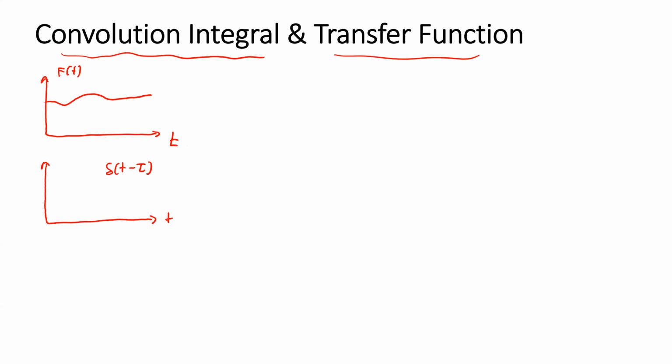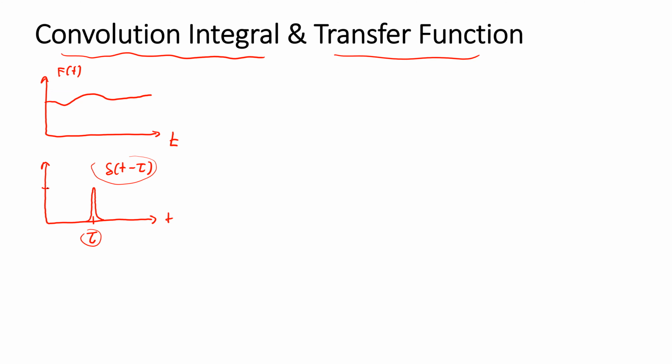A delta function with a time shift tau means the value of the function gonna be 0 when the time is not equal to tau. And when the time equals tau, the function will have value, but we don't know the magnitude.